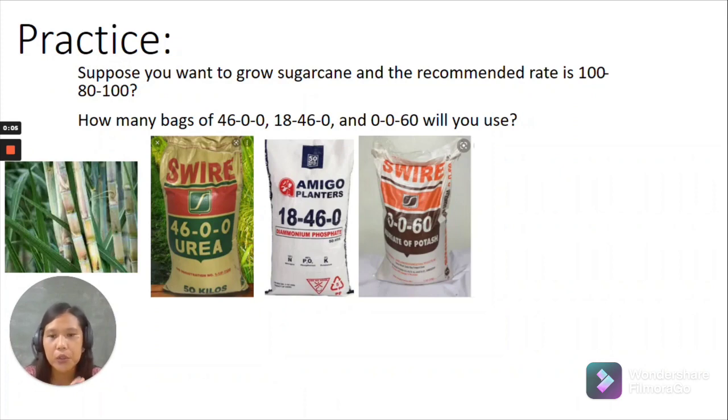Suppose you want to grow sugarcane and the recommended rate is 180-80-100. How many bags of 46-0-0 or urea, 18-46-0 or diammonium phosphate, and 0-0-60 or muriate of potash will you use? Sugarcane usually has a high recommended rate.